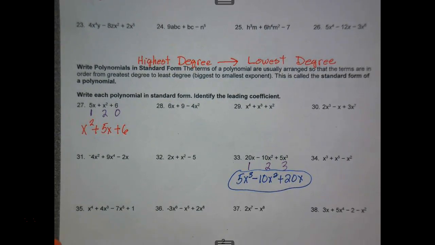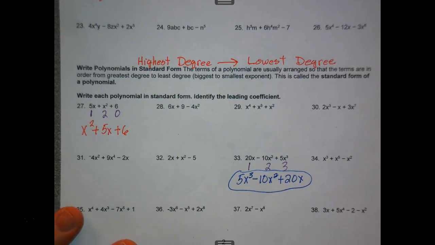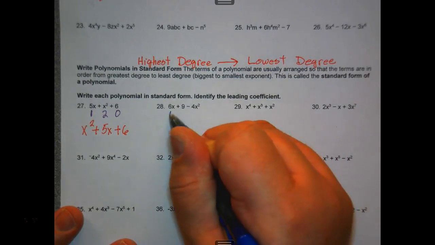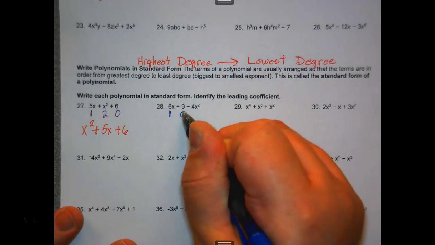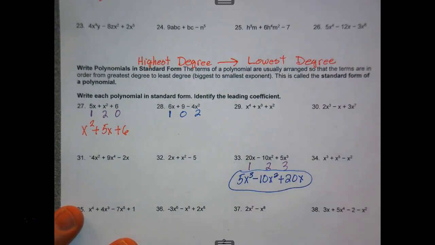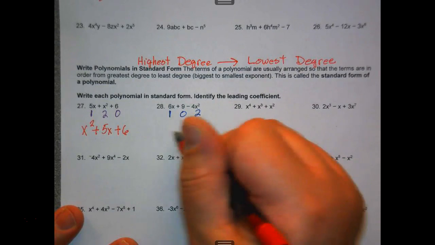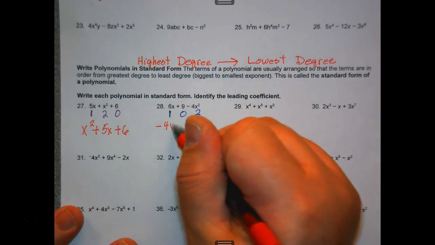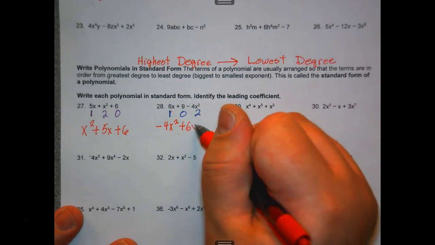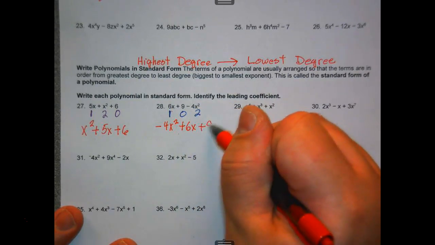Boy, I wish they would have a harder one. 28. What's my degree of 6x? Degree of 9 and degree of 4x squared. So my negative 4x squared comes first. And then positive 6x. And then positive 9.